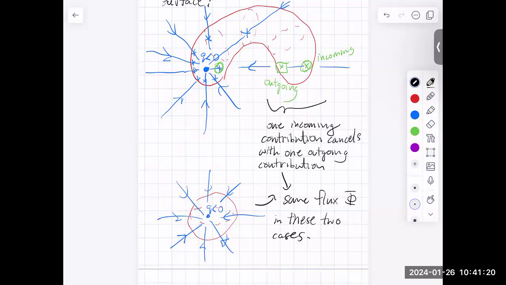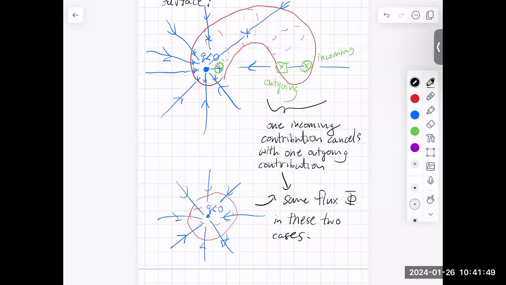If we bring the charge inside and then double it, the flux doubles. So flux is proportional to Q. If I take my charge and move it around inside the shape, there's no change in the flux. So flux is just proportional to Q, not where it's located. If I have the same charge enclosed in 2 different shaped surfaces, one complex and one simple, doesn't matter. The flux is the same.